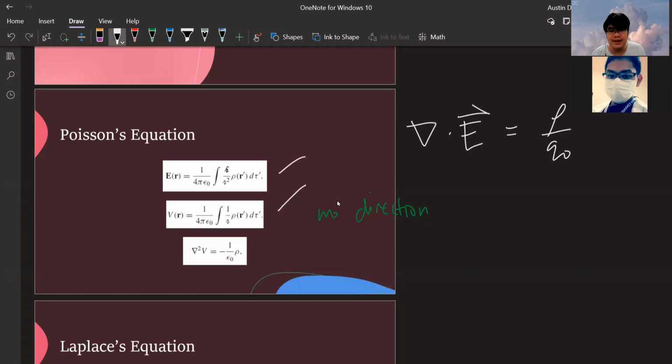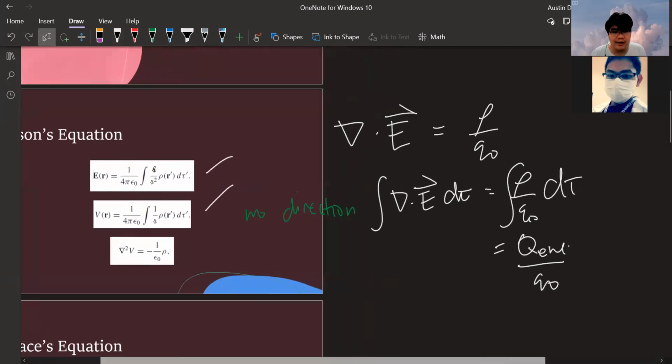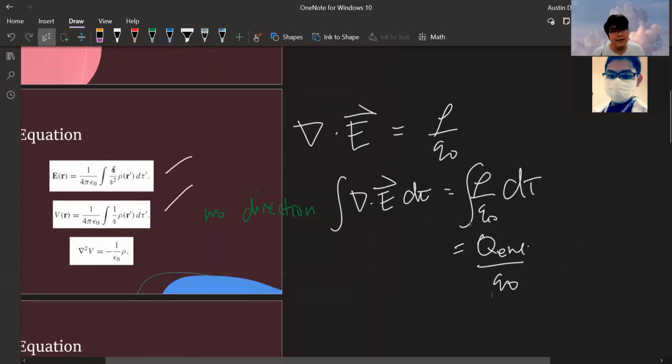The usual definition of Gauss's law is the integral of this over some volume tau, over epsilon naught. Then this is Q enclosed over epsilon naught. This is your usual Gauss's law.